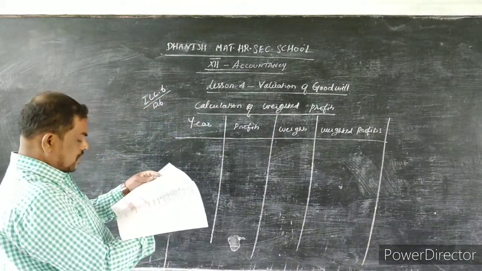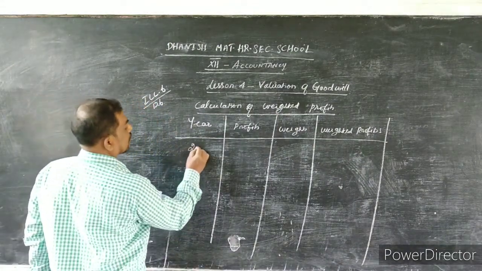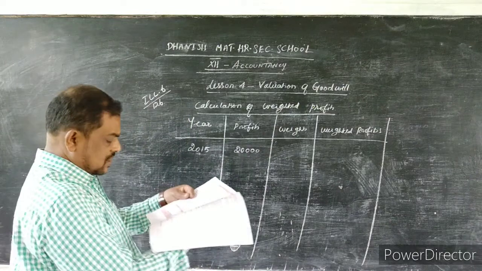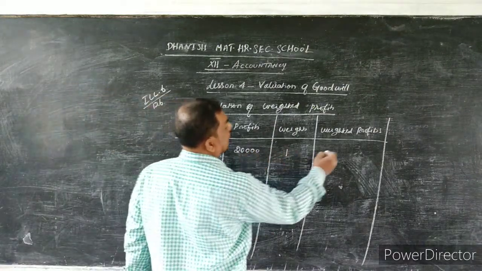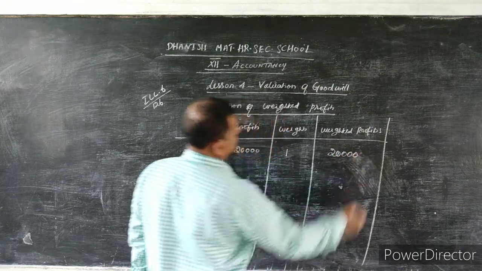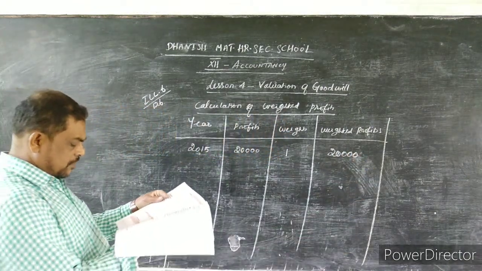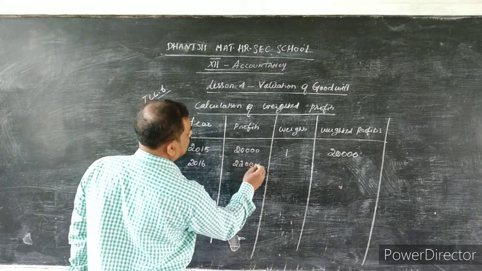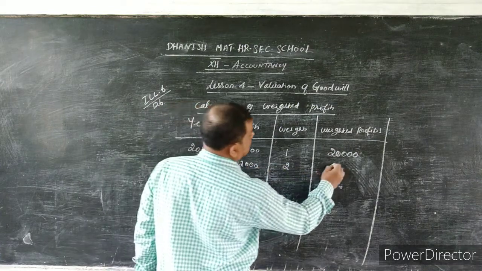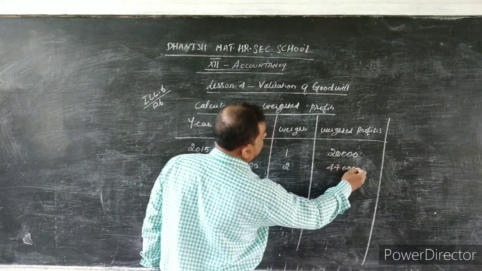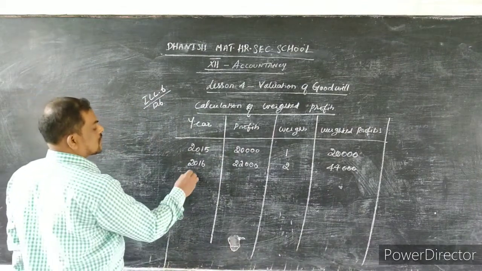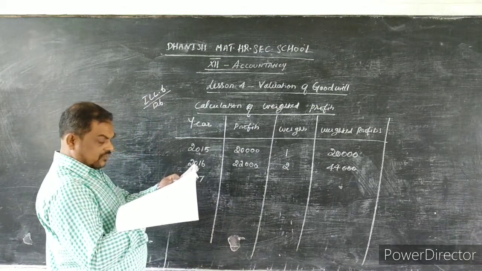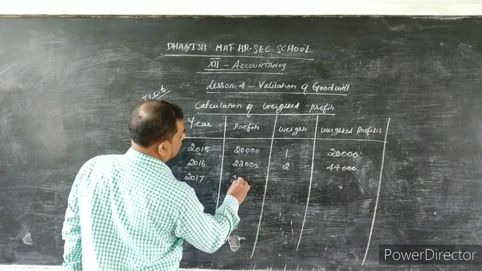Which year? 2015. The profit is 20,000. For that the weight is 1. 1 into 20,000, 20,000. Next, 2016 profit is 22,000. Weight is 2. 2 into 22,000, 44,000. 2017 profit is 24,000.